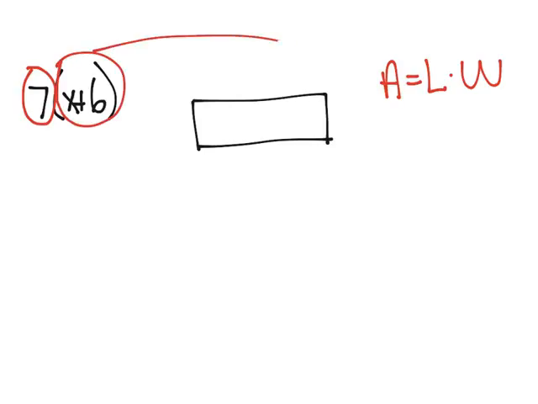So we can take this and relate it back to our area. In our shape, I'm going to say that the short side represents width and the long side represents length. As we look back to our original problem, I'm going to decide that 7 represents my width and x plus 6 represents my length.